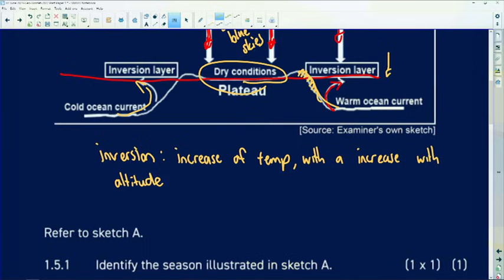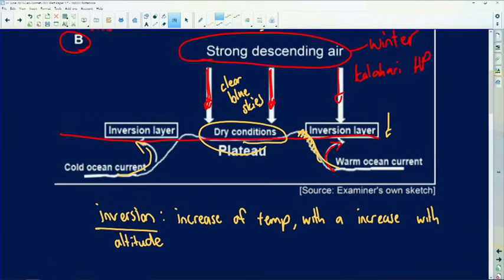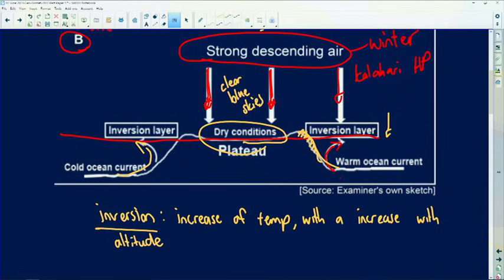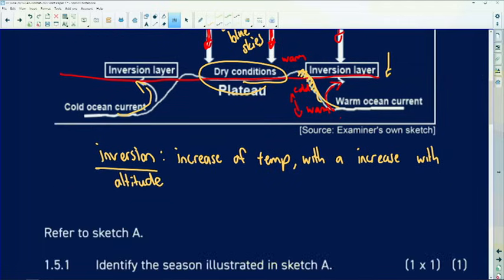Altitude is height above sea level. That's the correct concept for inversions. So, as you can see, with the inversion that's being created, we go from warm to cold to warm. That's a normal lapse rate: we're going from warm to cold, but then we go from cold to warm because of adiabatic heating taking place.